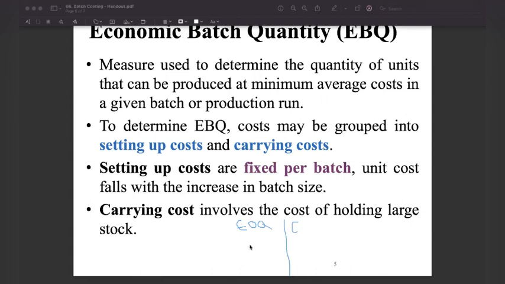There is one major difference that we need to discuss. Just try to find that. Read these definitions and try to find. You can read the definition of EOQ as well. EBQ. Now try to find what this difference is.